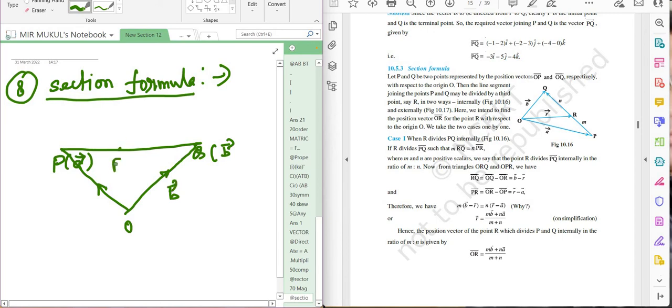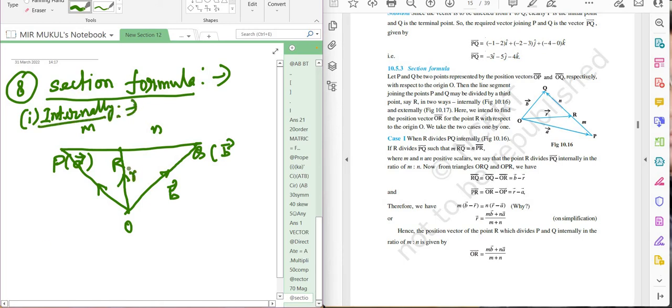And suppose one point R divides PQ in the ratio m is to n. We don't know the position vector of R and we have to find it. Okay. So this is actually R we have taken internally. So here 3 parts we will get. This will be for internally.